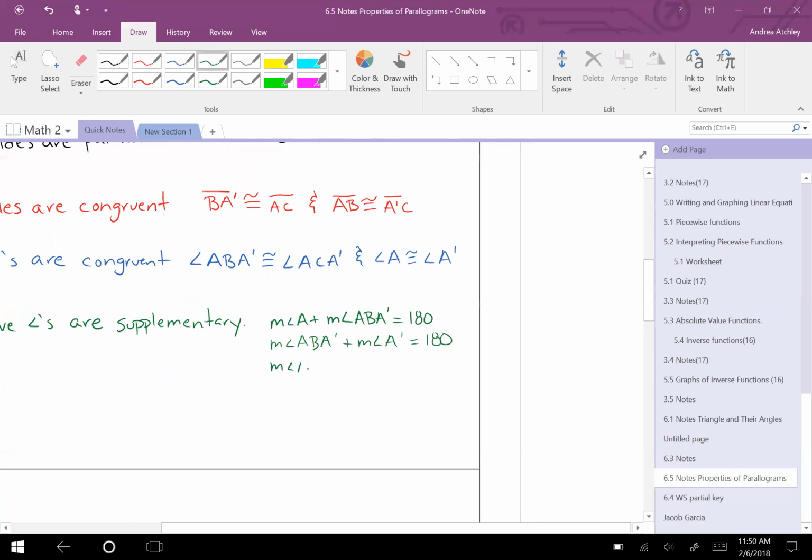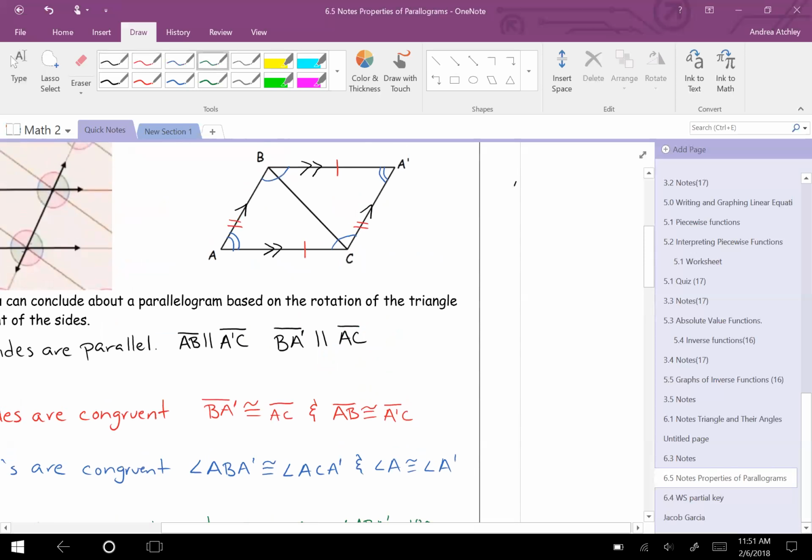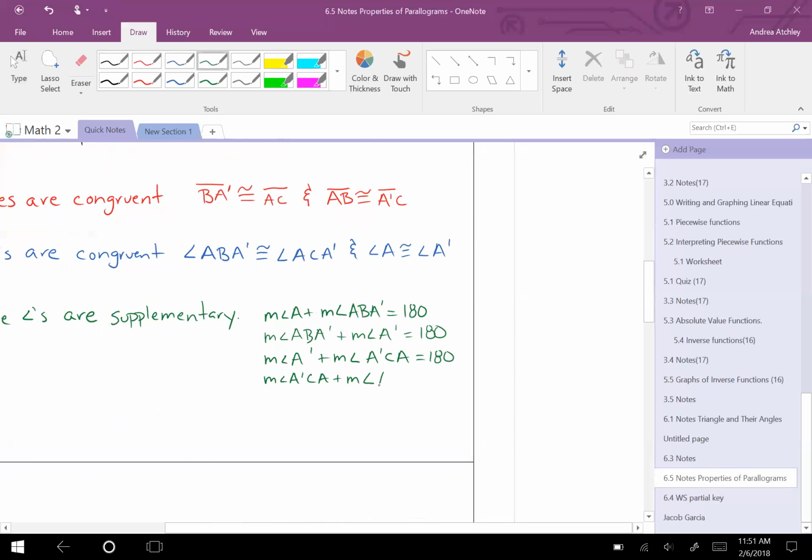Measure of angle A prime plus the measure of angle A prime CA equals 180. And then there's one more. The measure of angle A prime CA plus the measure of angle A equals 180. Any questions over that?